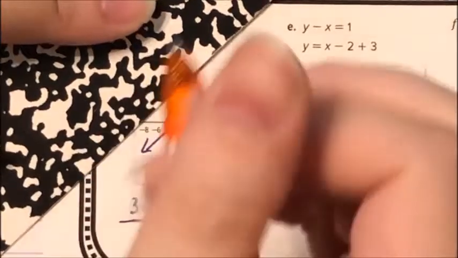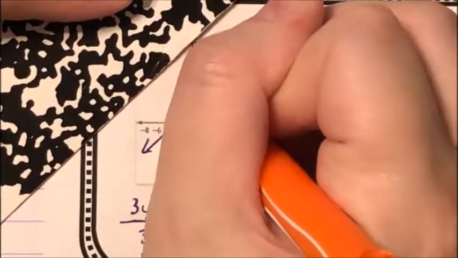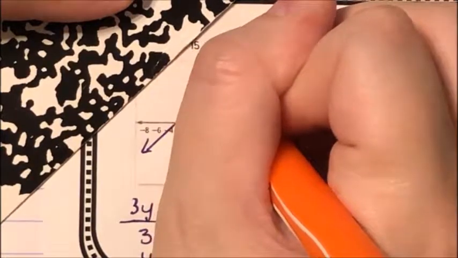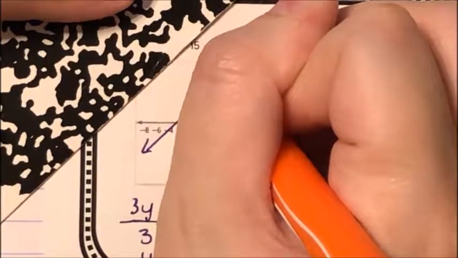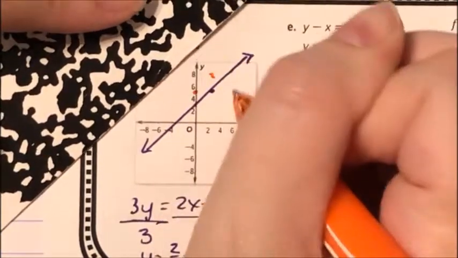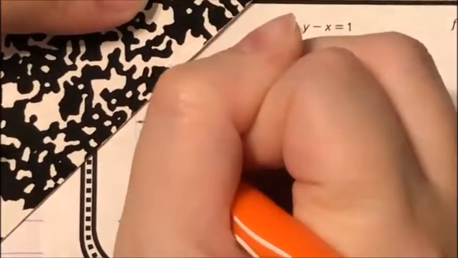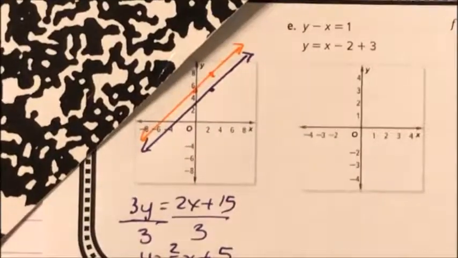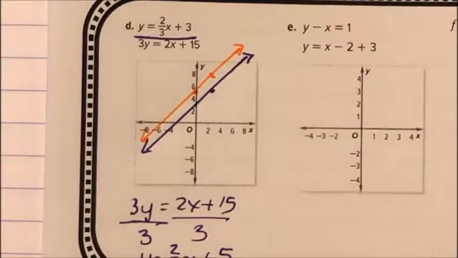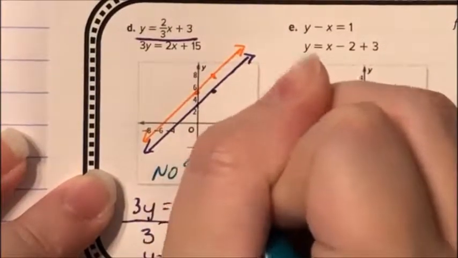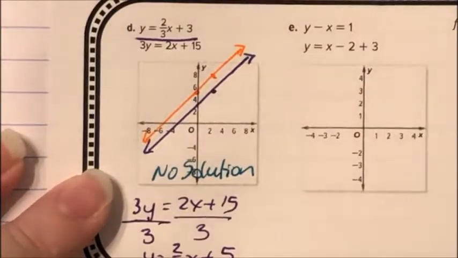My second line was plus 5. Then I go up 2 over 3. So I do get 2 parallel lines. So this one has no solution. Okay.